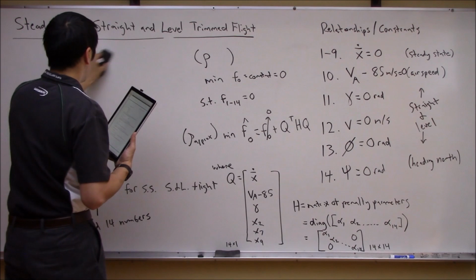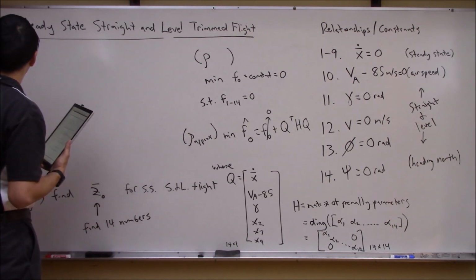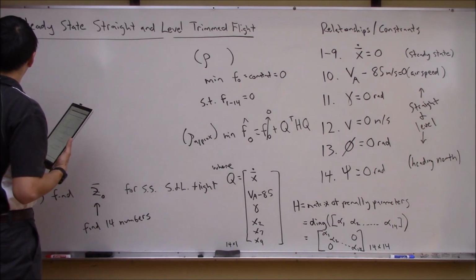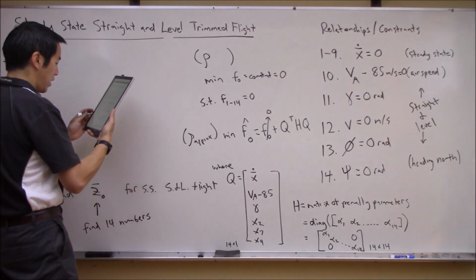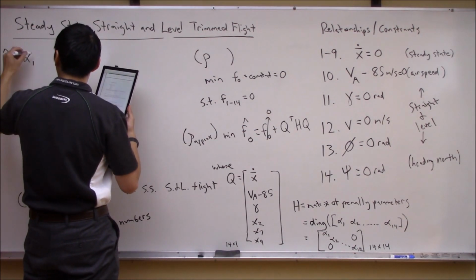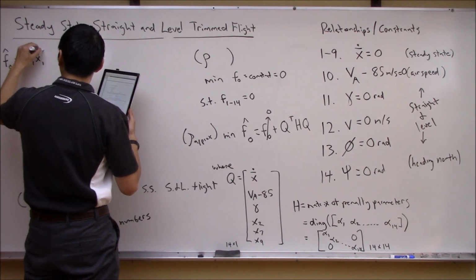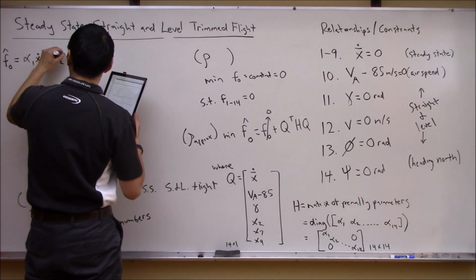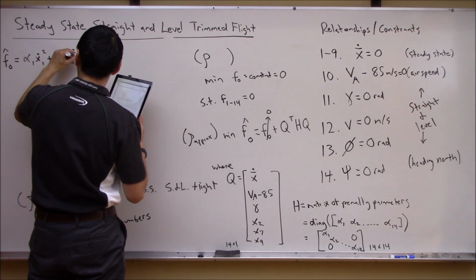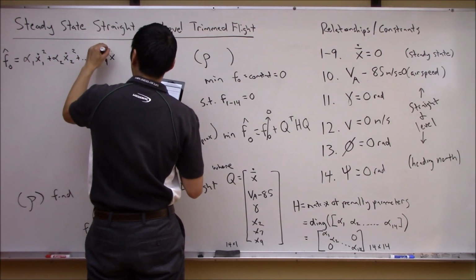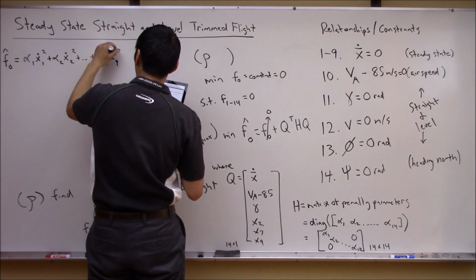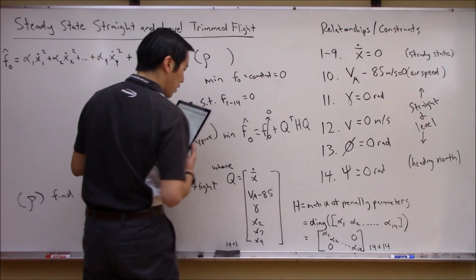Okay, so this cost function F0 hat, right? If you were to do this operation, you're going to see it ends up looking something like alpha 1 x1 dot squared plus alpha 2 x2 dot squared plus and so on, all the way up to alpha 9 x9 dot squared plus, okay, and then we're going to get this term.